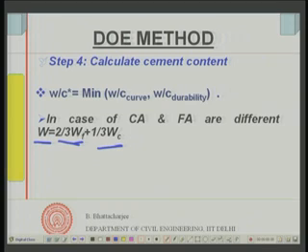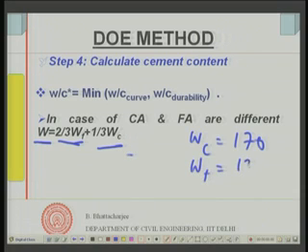In other words, supposing I have the fine as a natural fine, say land quarried or river sand, whereas the coarse aggregate is crushed. So, the water content required for the crushed aggregate will be divided by 3, plus the water content for the fine. Let us say this value was for the crushed, WC was 170, and for the natural fine aggregate WF was 135.